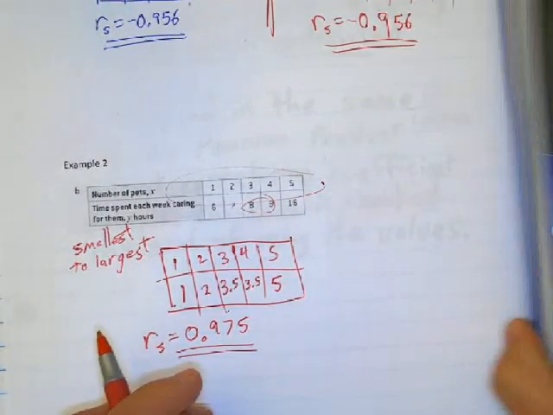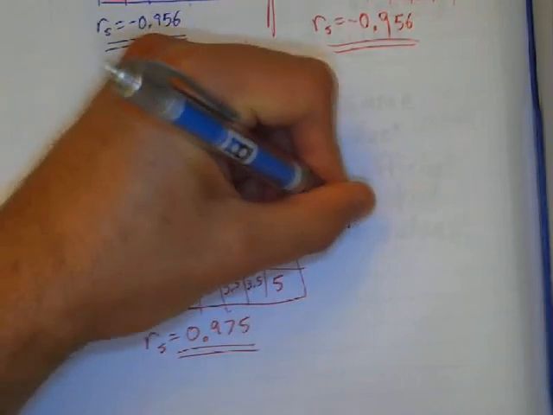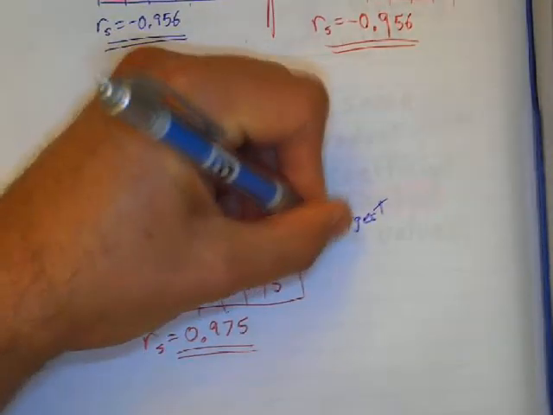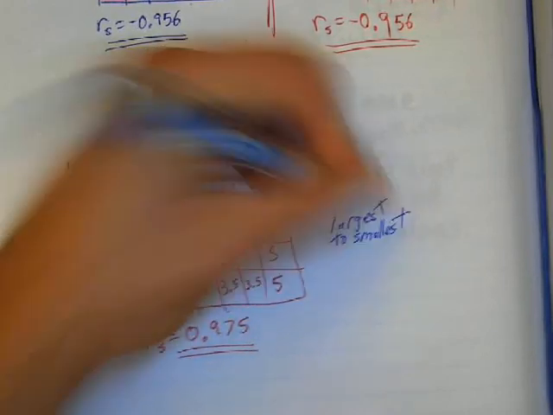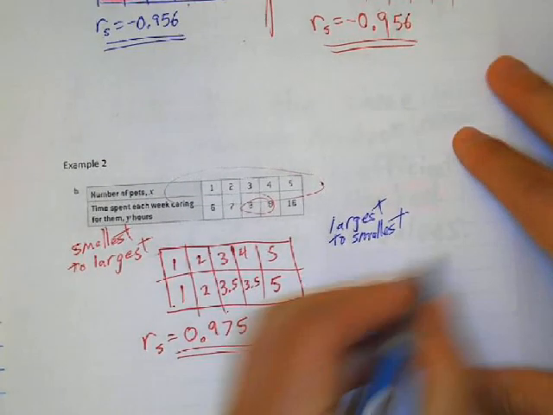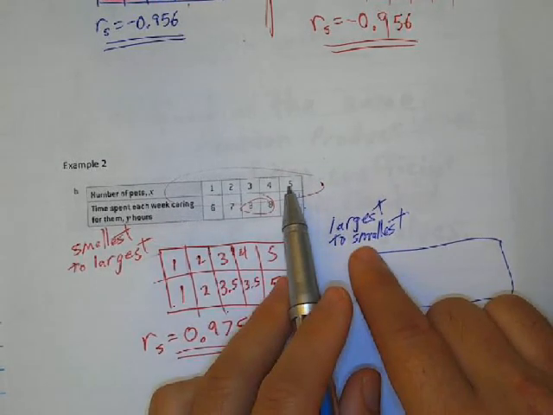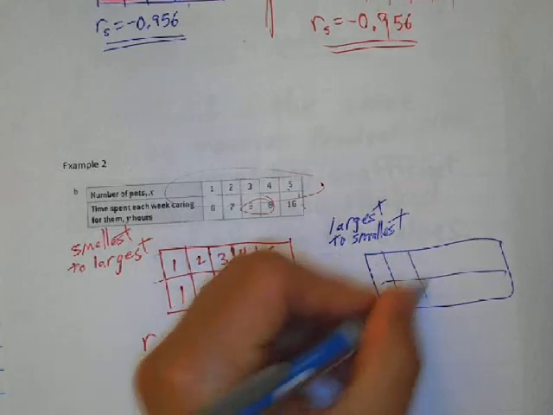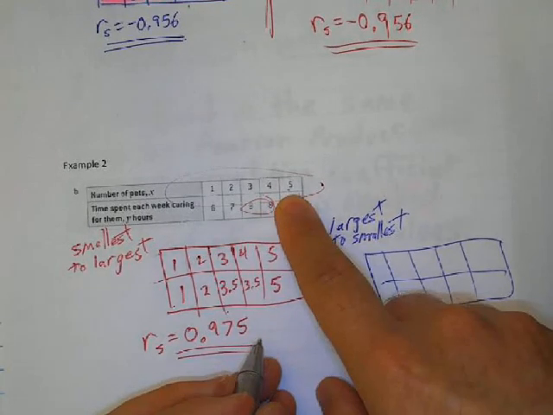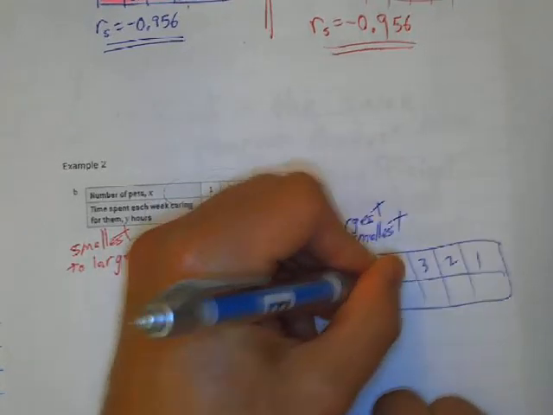And if I wanted to do it largest to smallest, this is the largest, so that would get a 1. That would get a 2, 3, 4, 5.